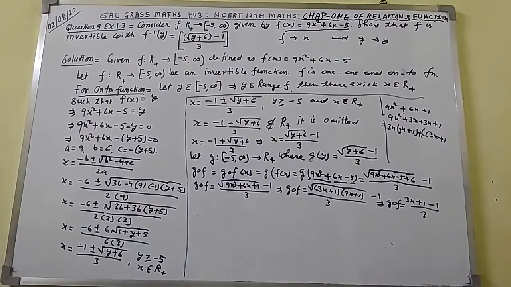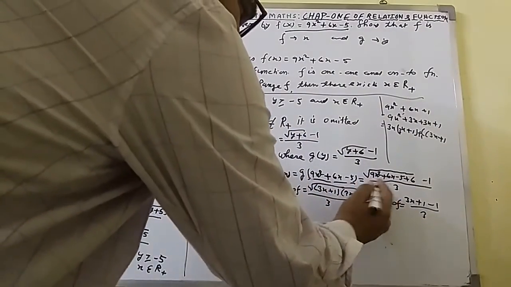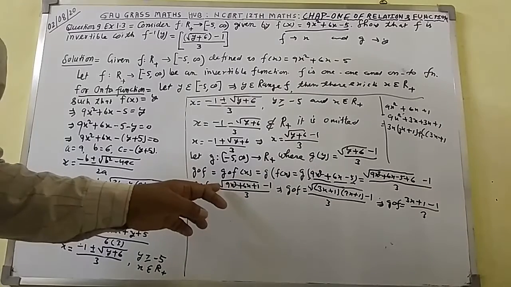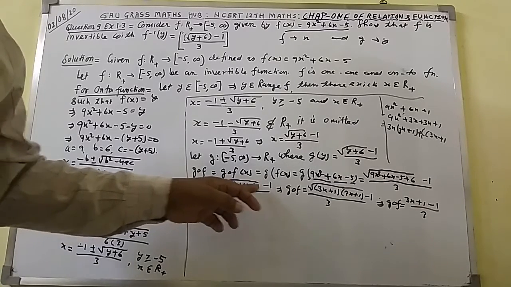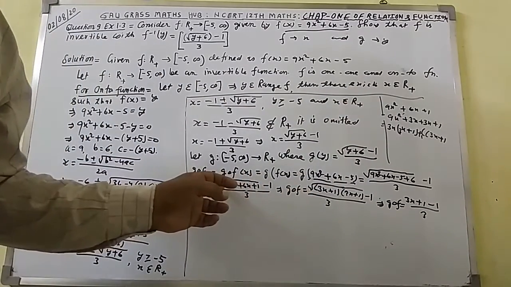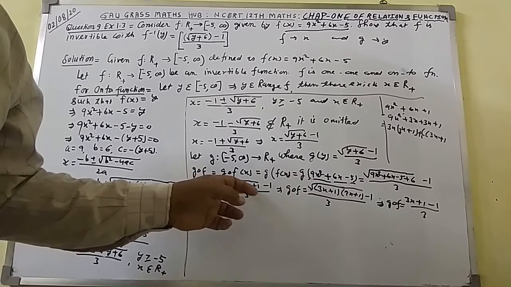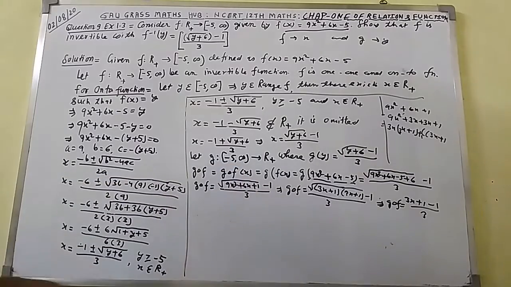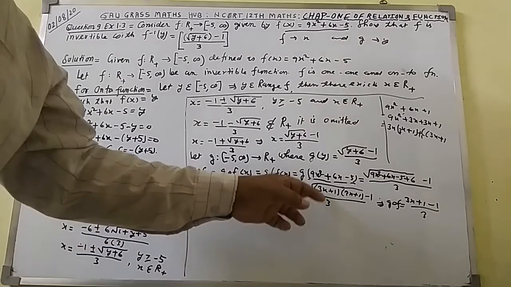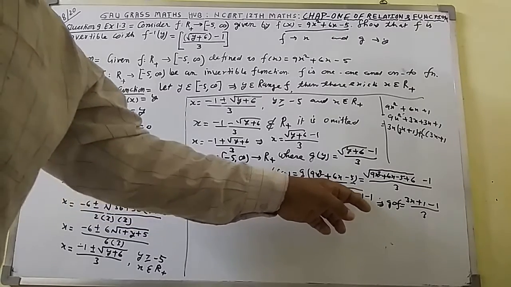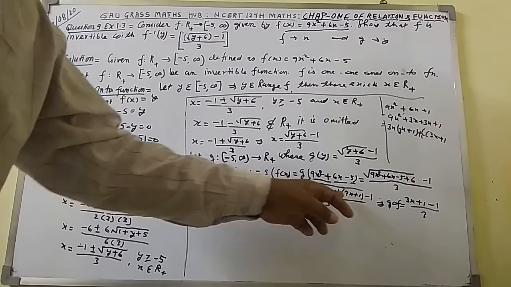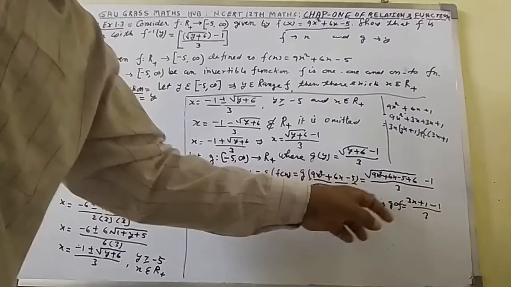If you do the factorization of this quadratic 9x square plus 6x plus 1, you will get under root (3x plus 1) dot (3x plus 1), minus 1 over 3. So under root (3x plus 1) times under root (3x plus 1) gives 3x plus 1, minus 1, whole over 3.